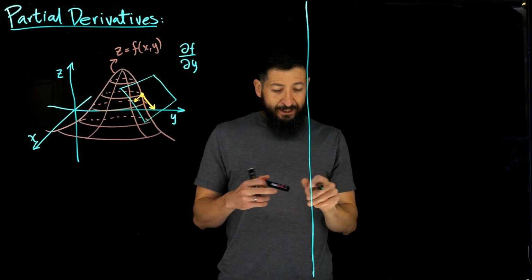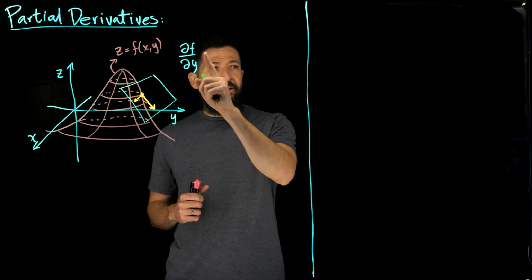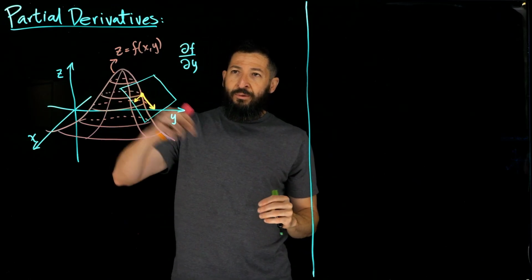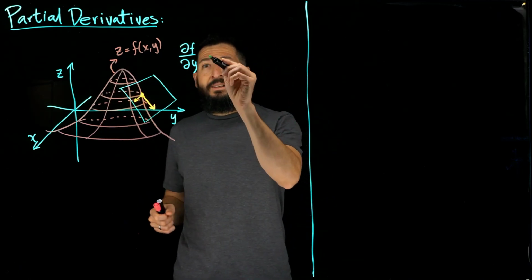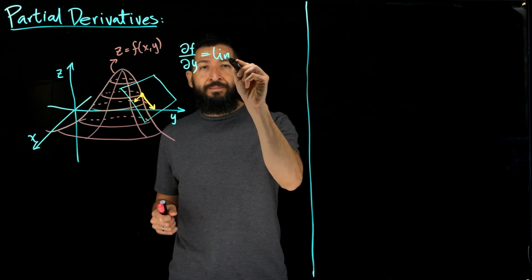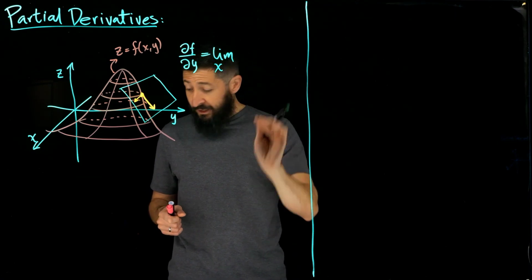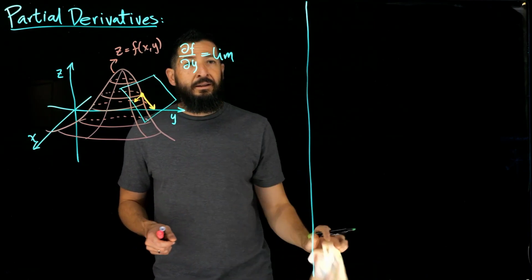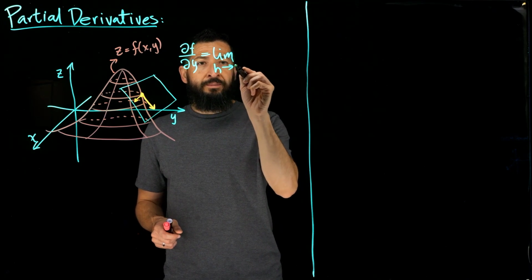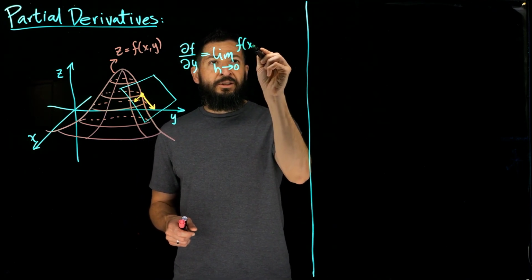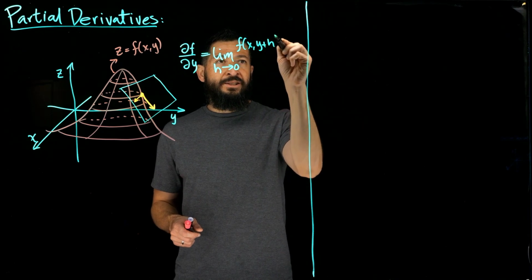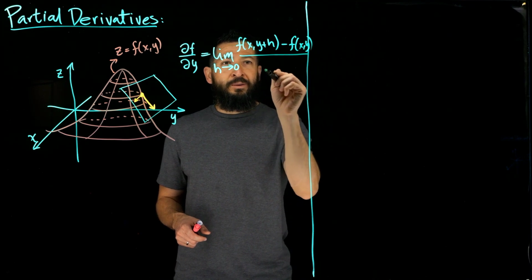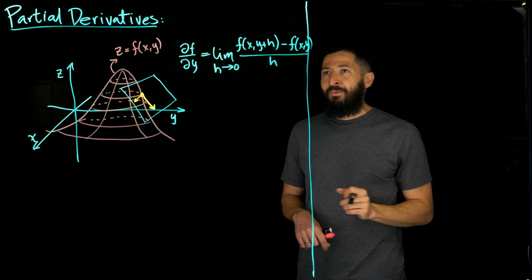So whenever I am trying to compute the derivative of f with respect to y, in the direction of y, this is going to be the limit as h goes to 0 of f of x comma y plus h minus f of x comma y, all over h.